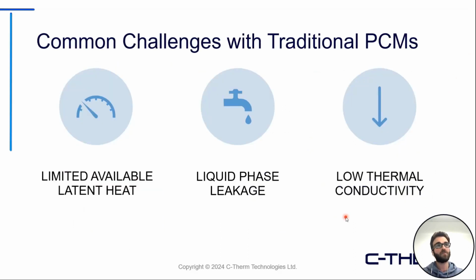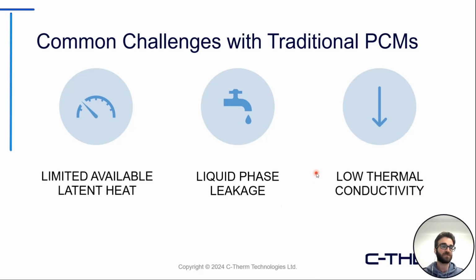Now, common challenges with PCMs. These three on screen here are generally what you'll see referenced most often in different publications and different applications. There are, of course, application-specific challenges that need to be addressed, but at a high level, we can break this down into the following three: the limited available latent heat, liquid phase leakage during transition, and generally low thermal conductivity.